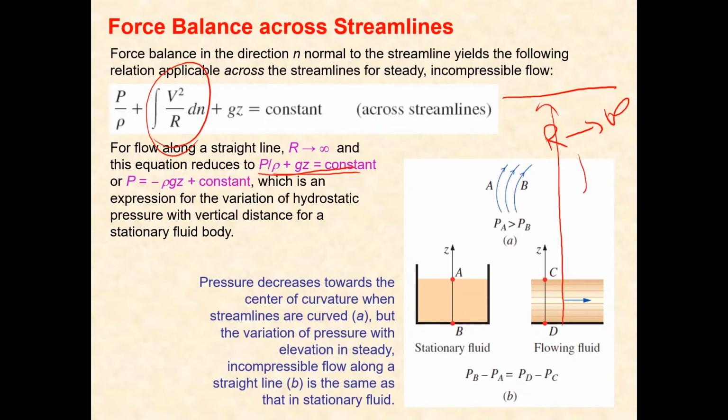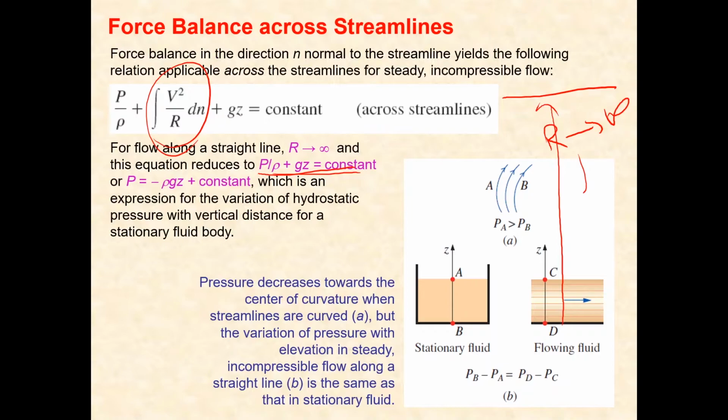This is when you have straight streamlines, which means the velocity of the particle in the fluid remains unchanged. This also expresses the variation of hydrostatic pressure with vertical distance for a stationary fluid body.